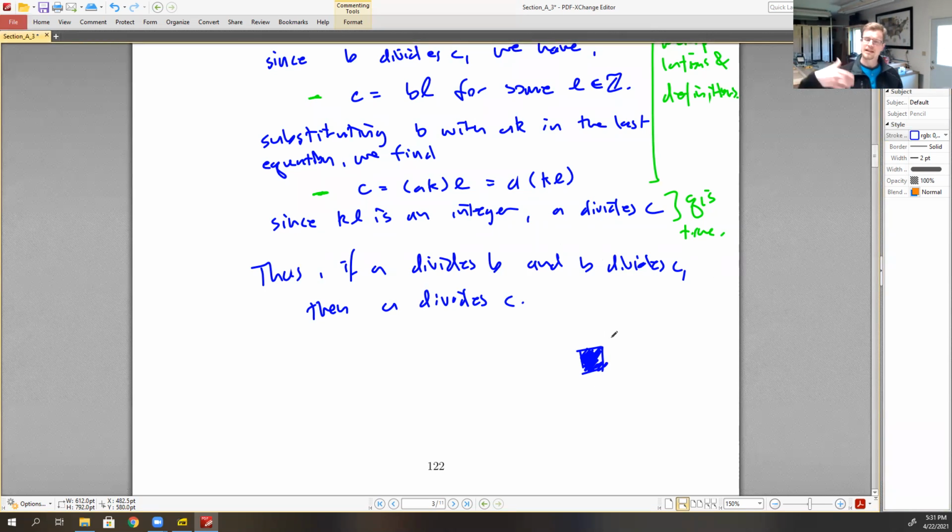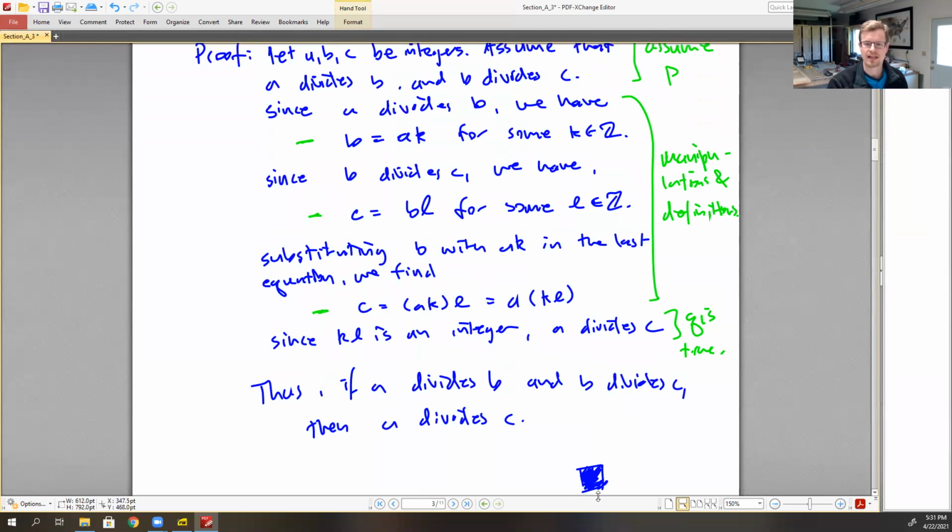And that's it, right? That's the structure of a proof. We indicate the beginning, we indicate the end, we have an assumption, we assume the premise, we perform some manipulations, cite some definitions, use well-known facts to show that Q is true, so that way we can conclude that P implies Q is true. Thus, if A divides B and B divides C, then A divides C. That's exactly what we showed here.